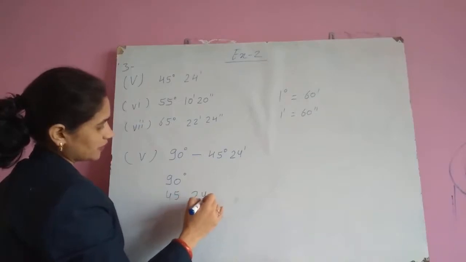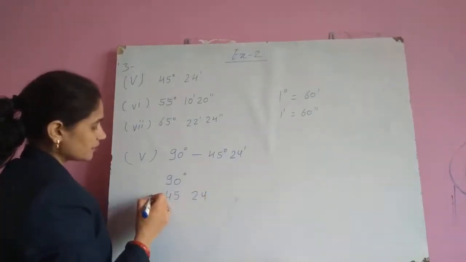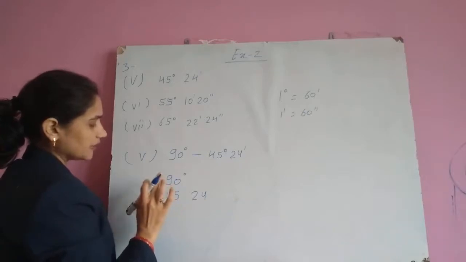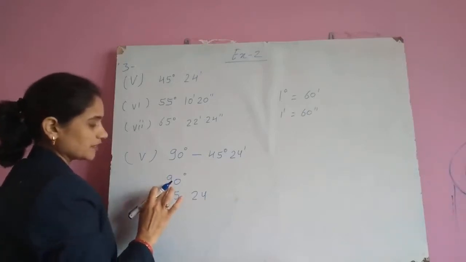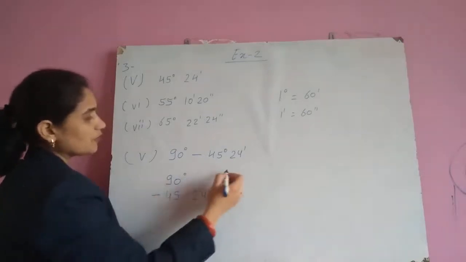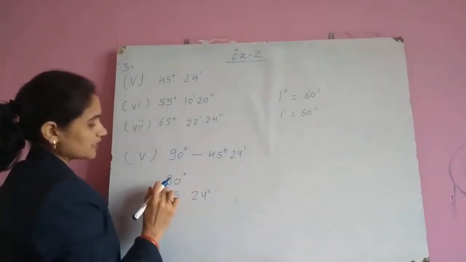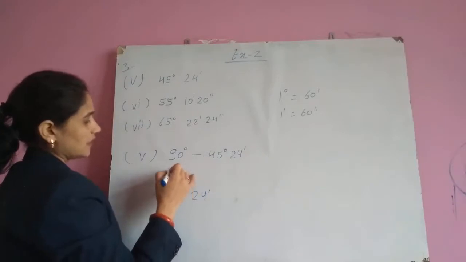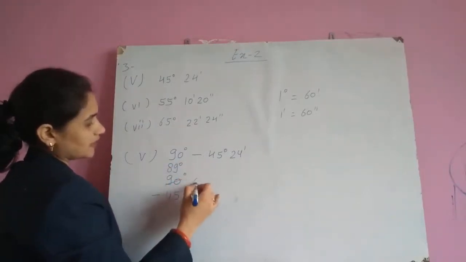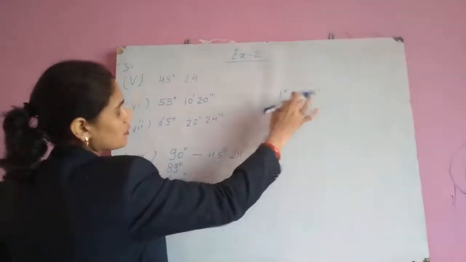And here 24 minutes. First we take a borrow from the degrees for the minutes. If we take 1 degree from here, 89 degrees is left, and 60 minutes comes here, because 1 degree is equal to 60 minutes.